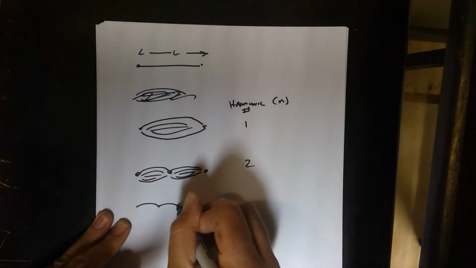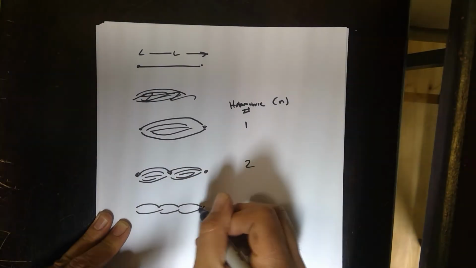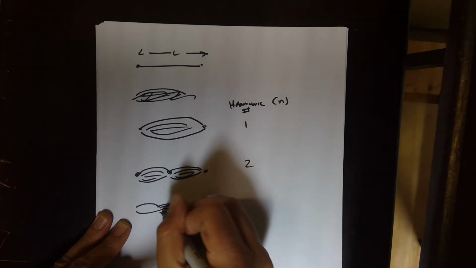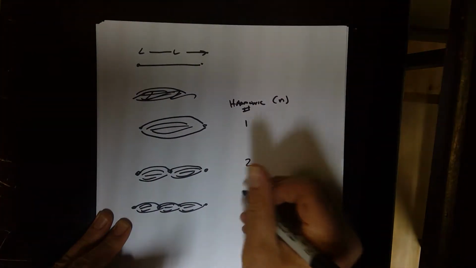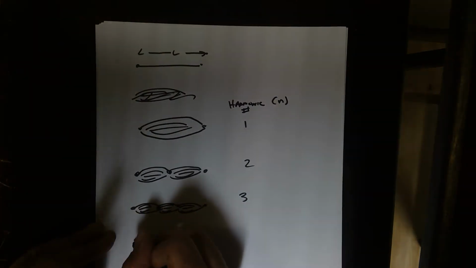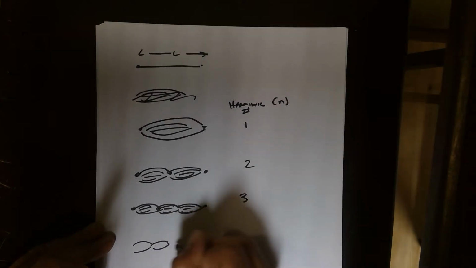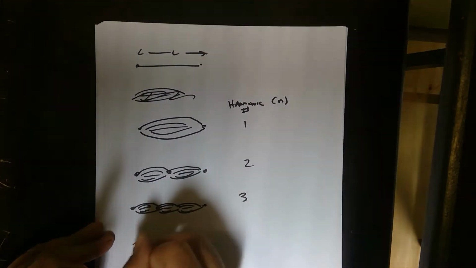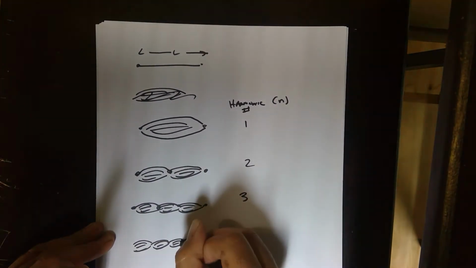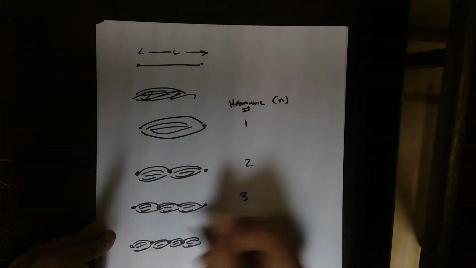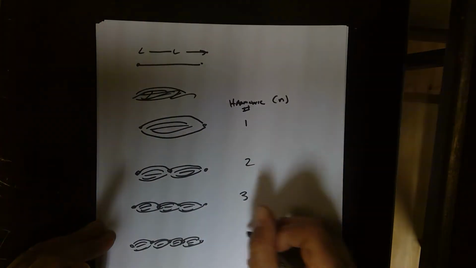Third harmonic will look like this. Again, you get that blurry view. 1 node, 2 nodes, 3 nodes, 4 nodes. There's your third harmonic. And probably the last one I'm going to draw is the fourth harmonic here. 4 loops. So harmonic number corresponds to number of loops perfectly for us.